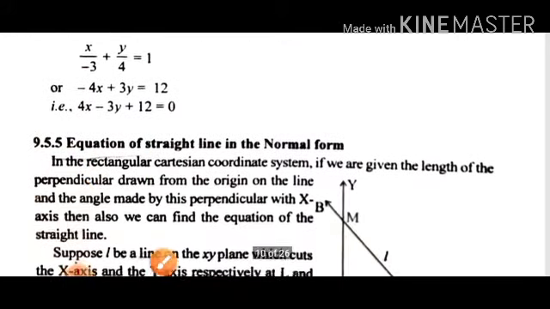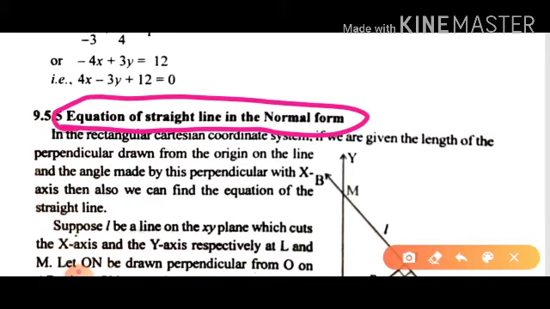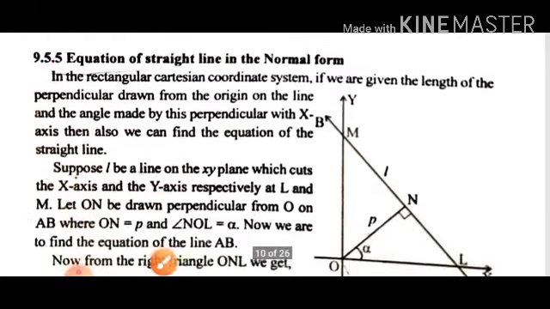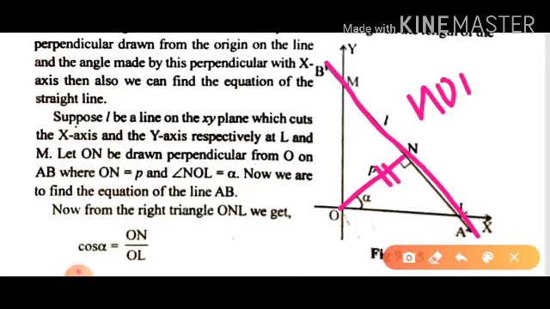Okay, then we have the equation of a line in normal form. Same way as before, but what we will do is draw a perpendicular to this line, and this ON is known as the normal.